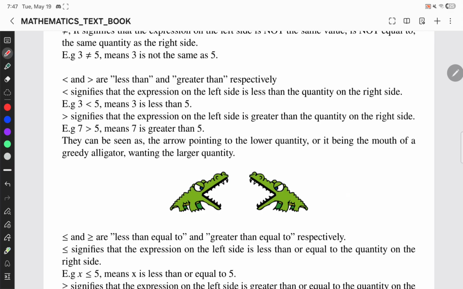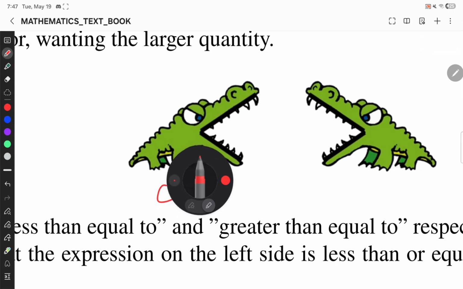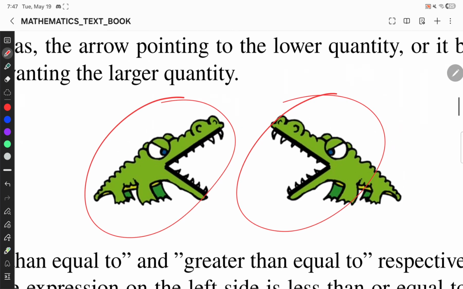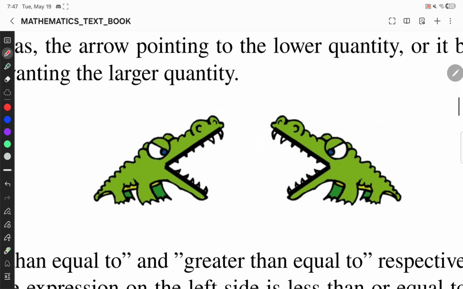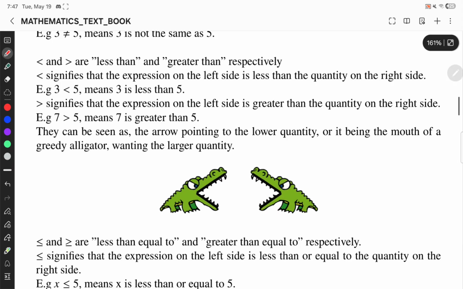This is to the right, so it will always eat the value greater in magnitude to the right of it. These alligators want the greater magnitude number. That is why they face like so. So this looks like a less than sign, and this looks like a greater than sign.